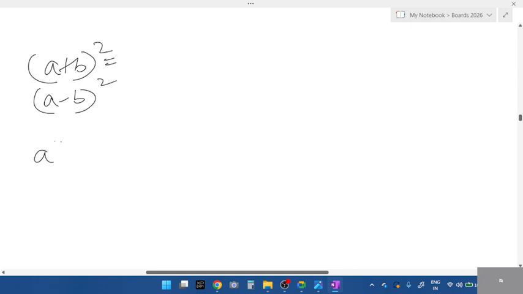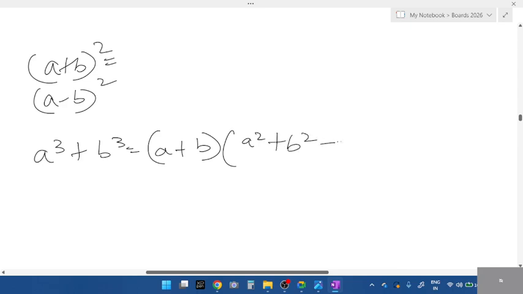Next, important concept, a cube plus b cube. What is a cube plus b cube? a plus b into, what's the formula? a square minus ab plus b square. Is it 2ab or ab? Now a cube minus b cube.